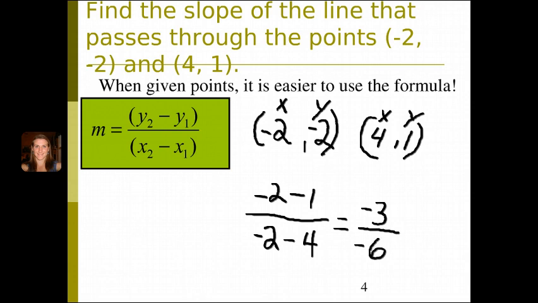We can simplify this further to 1/2. A negative divided by a negative makes the whole answer positive, and 3 divided by 6 reduces to 1/2.